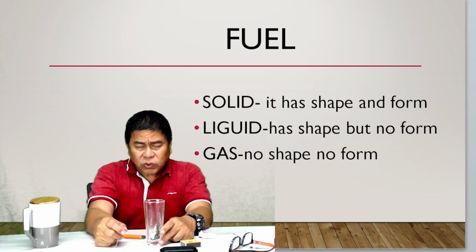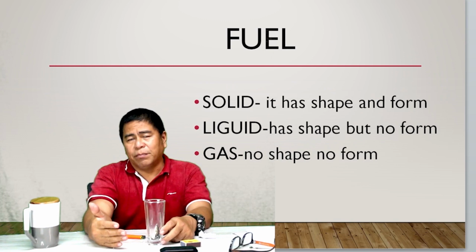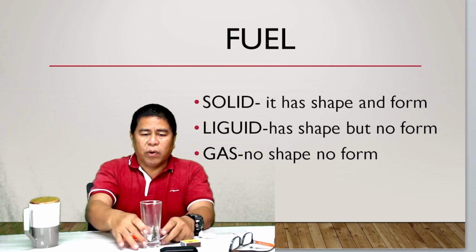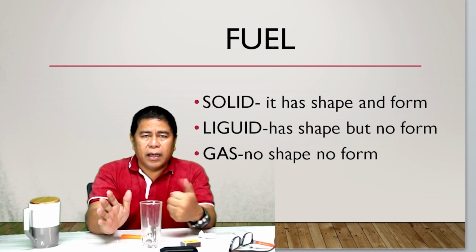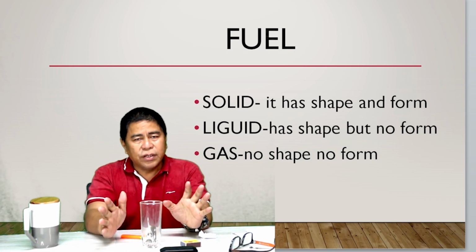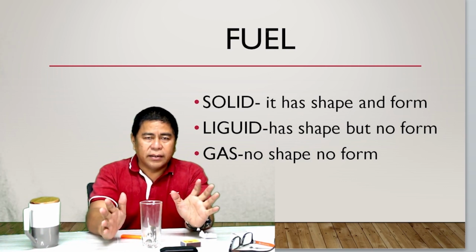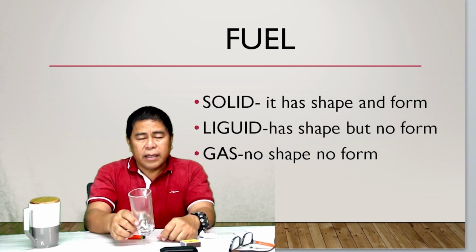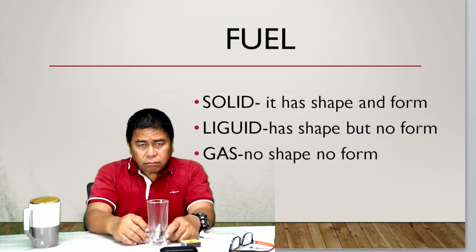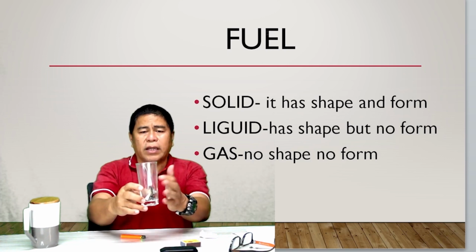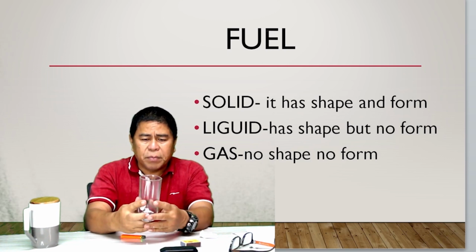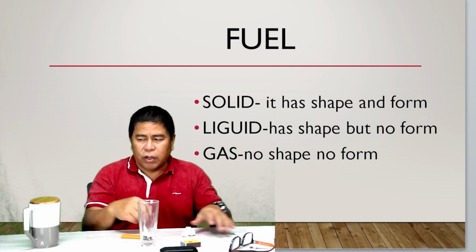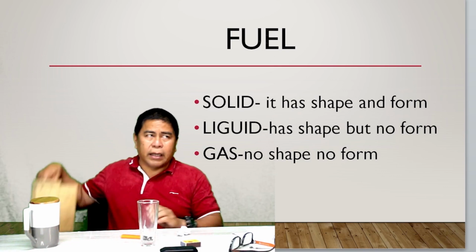Then, ang next item is fuel. Sa fuel po, mayroong solids, liquids, and gases. So, example ng ating solid like this one, well, a glass, pag sobrang init na may melt din. So, this is an example of a solid material.